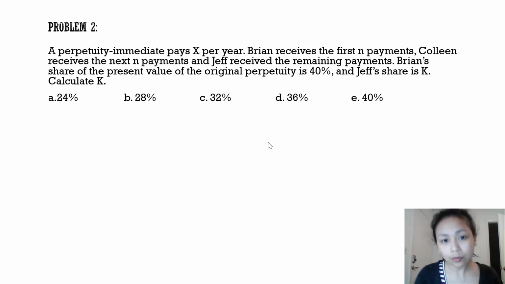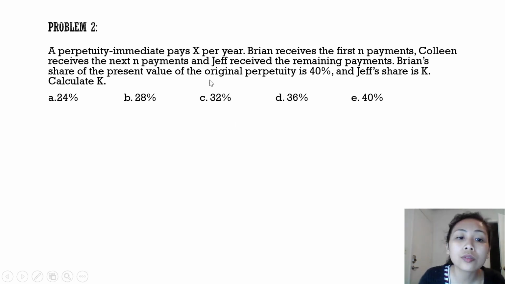So here we are going to use the present values of these three people to find K. So let's look at the present value of the first person, Brian. Brian received the first n payments. So basically the present value of Brian is just an annuity immediate of n payments.